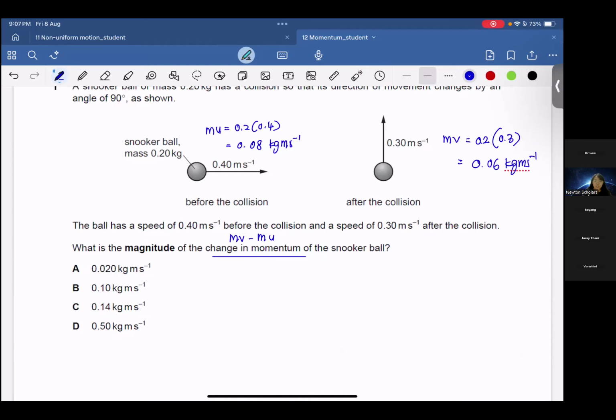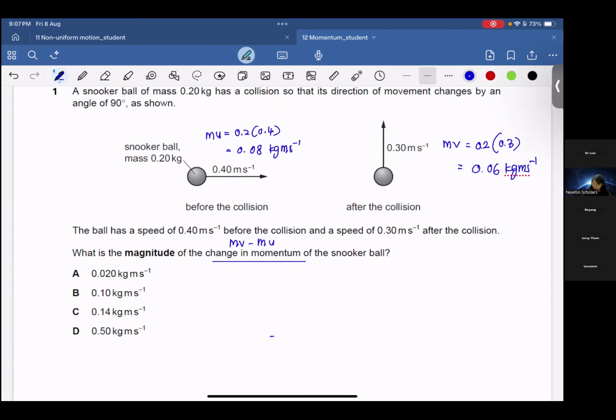Now they want change in momentum, mv minus mu. So your mv will still be the same, going up. This is mv, which is 0.06 kg meter per second. Now, do you still remember, minus mu, minus? This is the direction for mu. But right now we got minus, so what should we do with the vector?